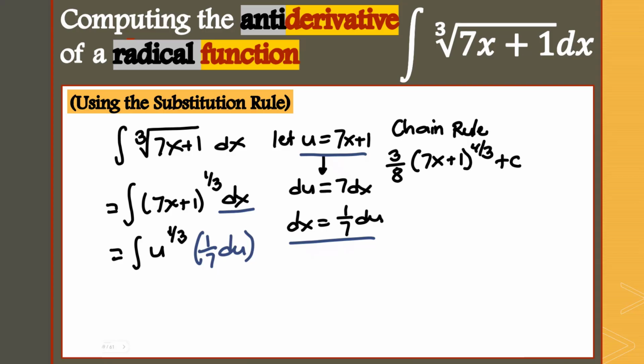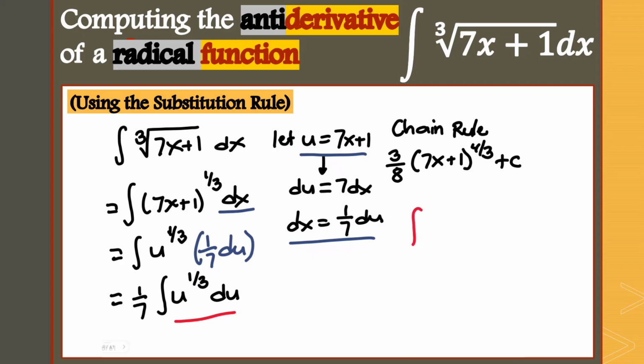Now since 1/7 is actually a constant multiple, we can take that out. So you have here the integral of u to the power of 1/3 du. So instead of deriving the original form using the chain rule, we have illustrated that equivalent to this, where we can now use the appropriate anti-differentiation rule for the given.